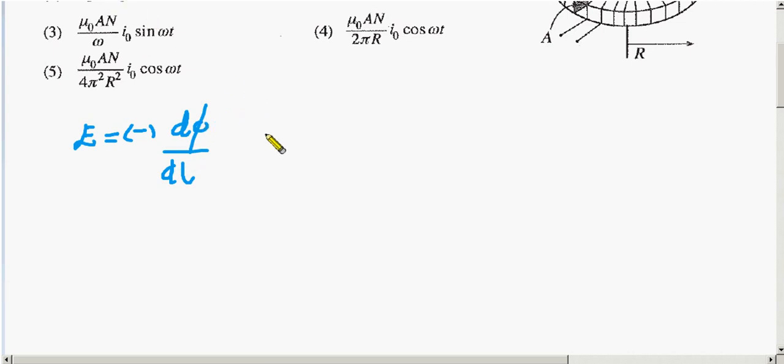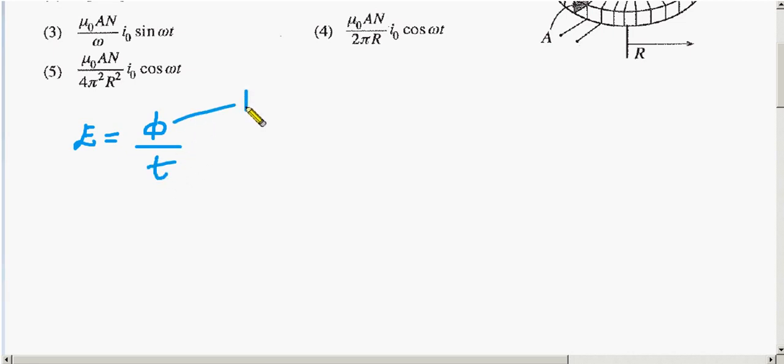We don't have to write this minus sign. We can neglect it because they don't ask about current, so we don't have to apply Lenz's law. So we can write just d phi divided by dt. Furthermore, the most simple way, just we can write phi divided by t.